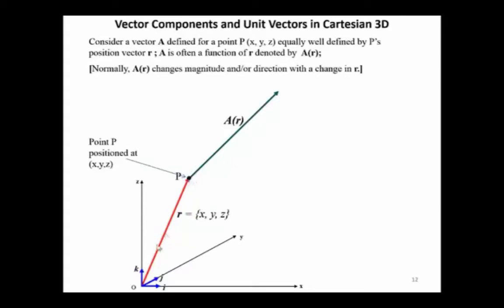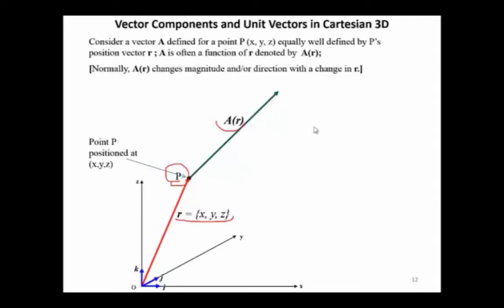So if we have a position vector pointing to this point P, and then draw the vector A of r from that point, we're fine. And so what we're defining then is the vector A starting at the point r. That's what this vector r represents. It comes up to this point P. So we have r in terms of its components defining the point, and then we have the vector A, which is starting at this point and is shown here.